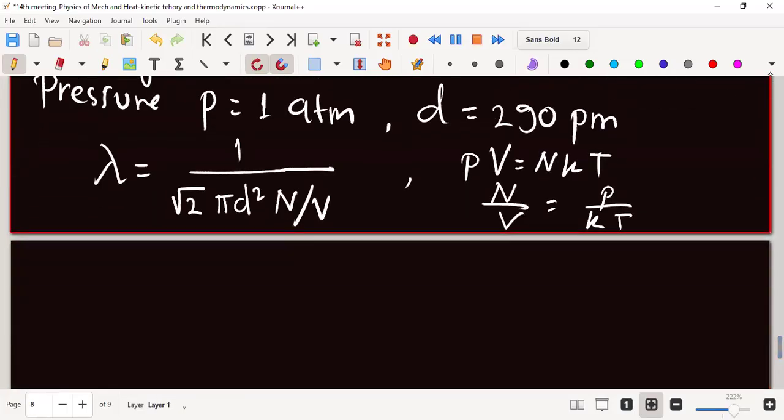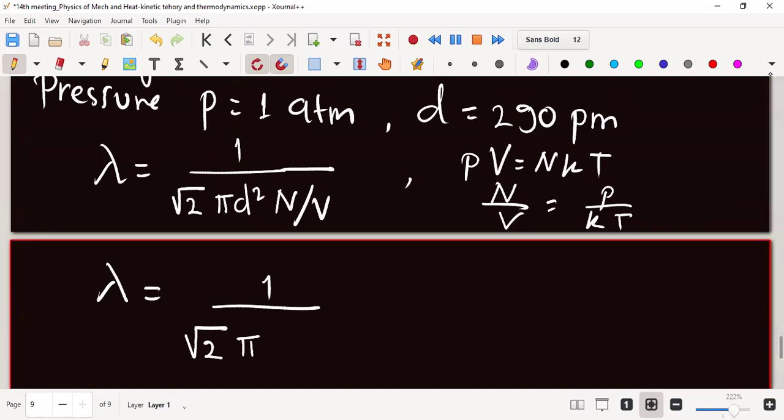So we can write that lambda is 1 divided by square root of 2 pi d squared times N per V, and N per V is the pressure divided by kT. This one is lambda.